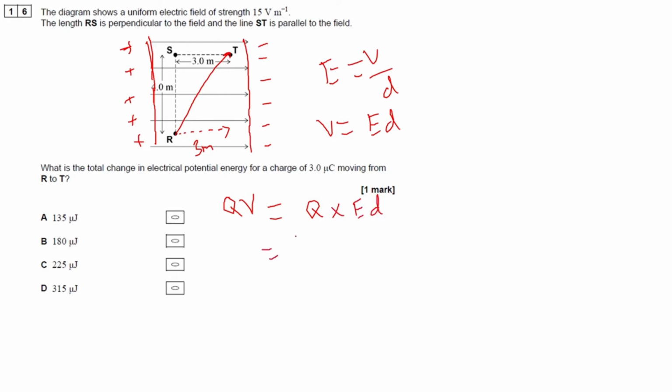Let's put the numbers in now. 3 times 10 to the minus 6 for the charge, times the electric field strength, which they told us to be 15 volts per meter, times the displacement along that field, which is just 3 meters. Doing that gives you 135 micro. So it's going to be A as the answer.